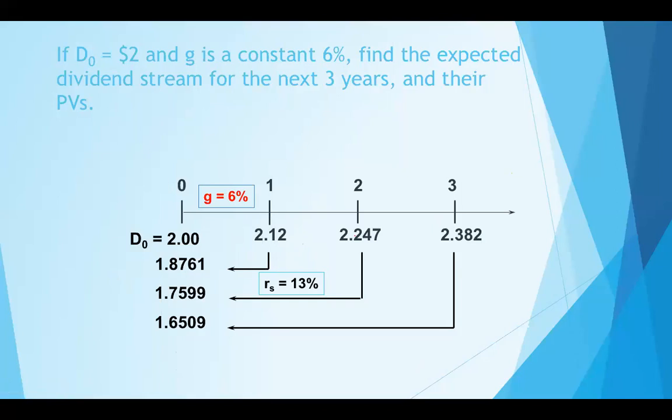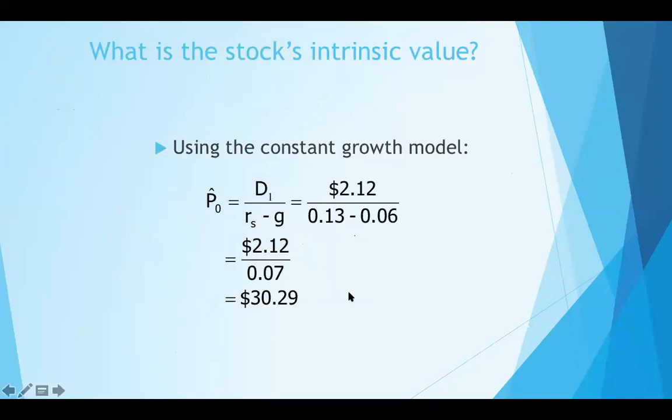Instead of doing it manually, which is not possible, we have this basic formula. This basic formula is the same as the previous one. Instead of doing it forever, just divide D1, next year's dividend, by Rs minus g. So this is one way to calculate the price of this stock.